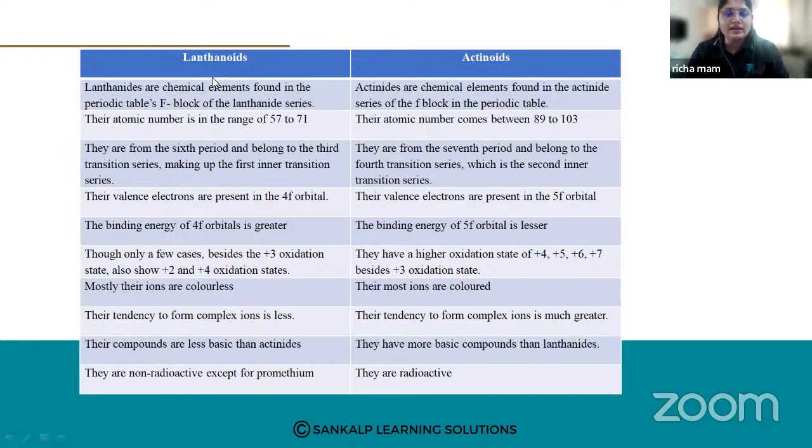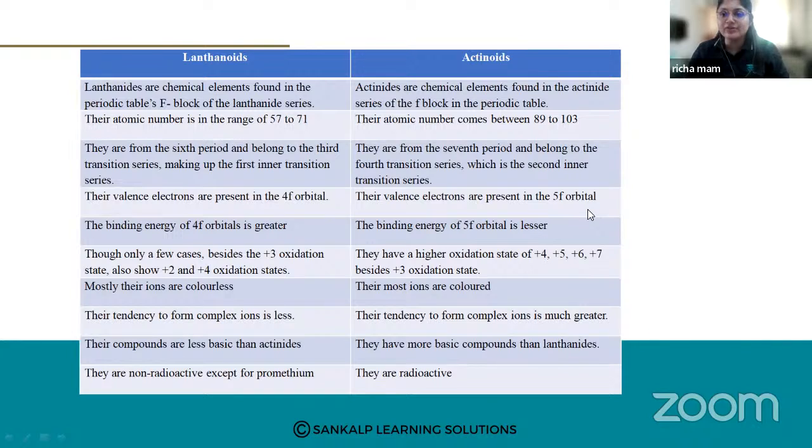Then in lanthanides, the valence electrons are present in the 4f orbital. When you write the electronic configuration, the last electrons will be present in the 4f orbital. And in actinoids, the valence electrons, which are the outermost electrons, occupy the 5f orbital.